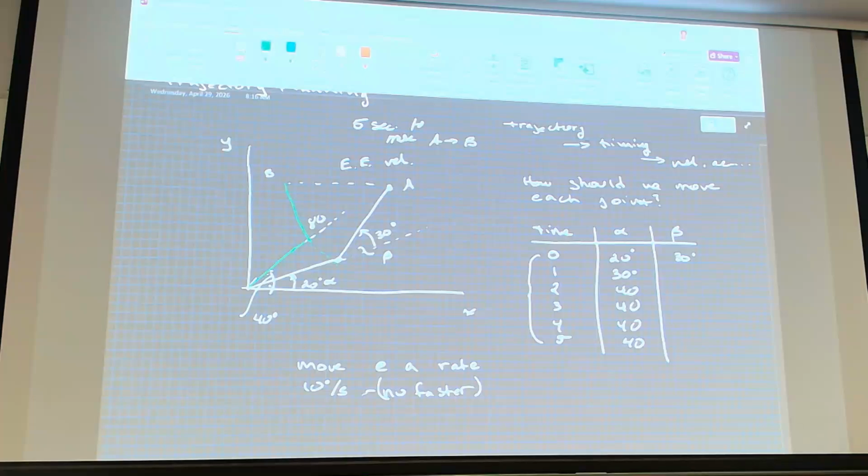Which means the rate is going to be 10 degrees per second. So that means I'm going to be at 40 degrees, at 50 degrees, 60 degrees, 70 degrees, and my final destination of 80 degrees. Seems okay, right? So yeah, all right.